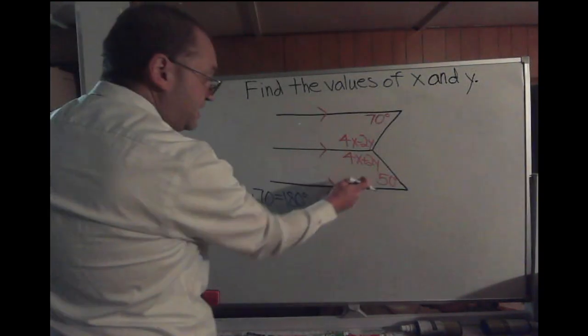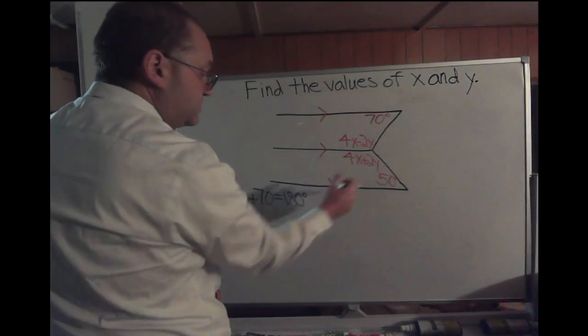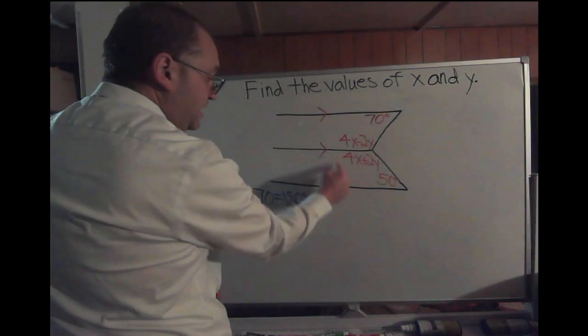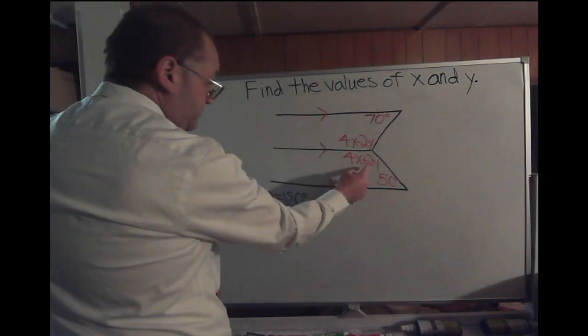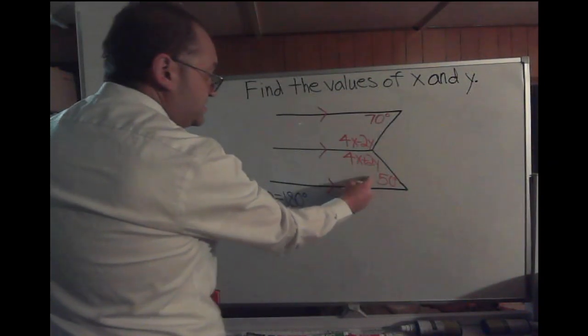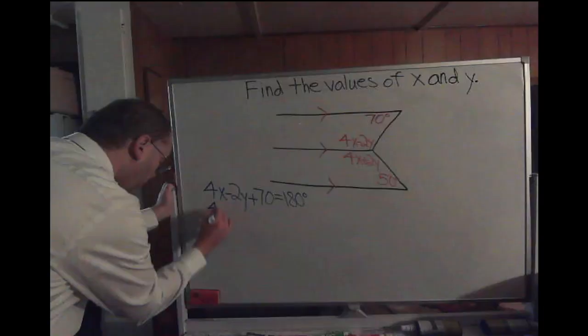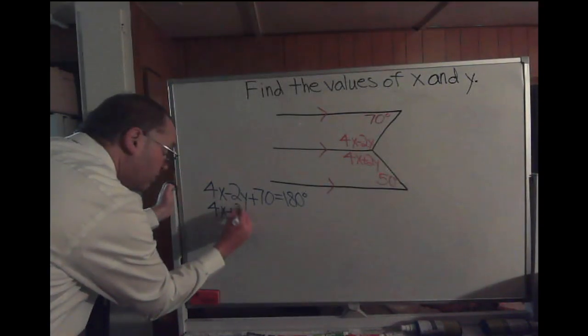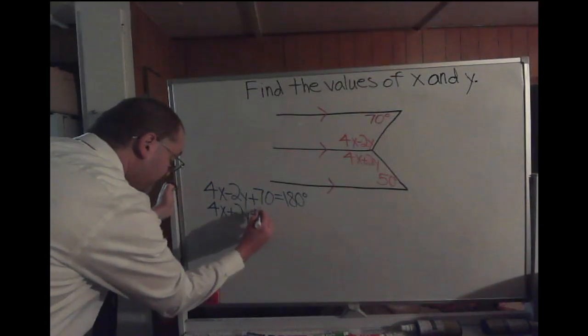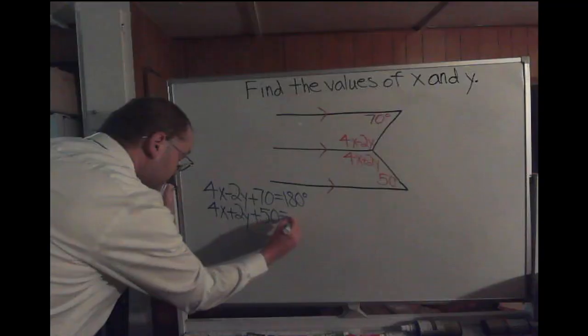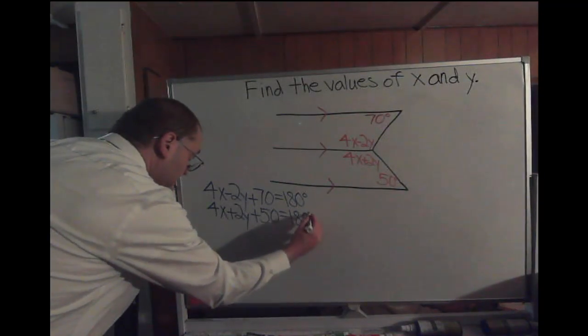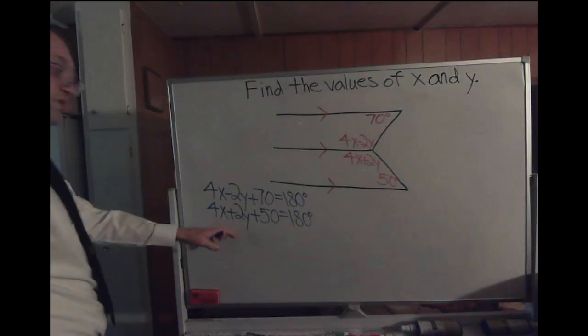Then you take your second angles between parallel lines 2 and 3. They're also supplementary since they're the same side. You would end up getting 4x plus 2y plus 50 equals 180 degrees. So that's what we have so far.